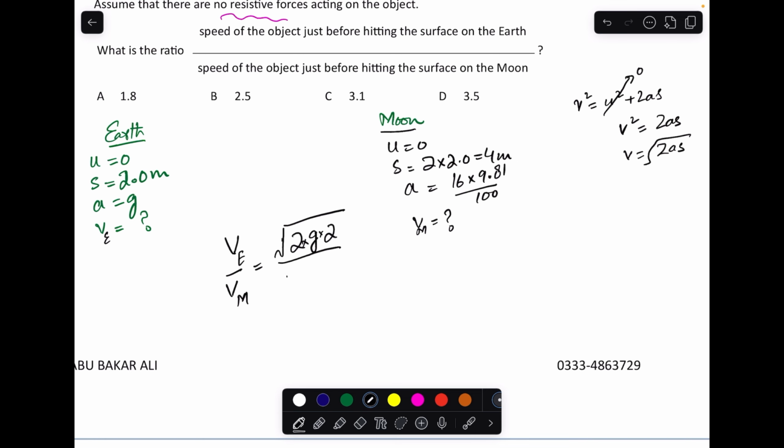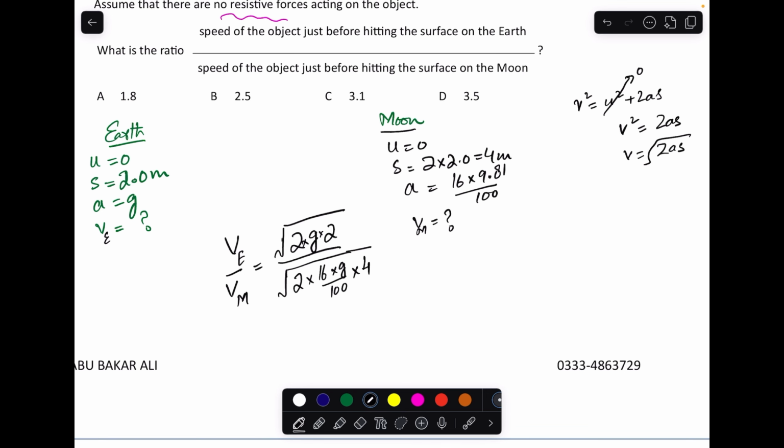And for the moon, it is 2, acceleration is 16 percent of g, right? So it can be 16 multiplied by g divided by 100, and then the s is basically 2 times the height on the earth, so it is 4.